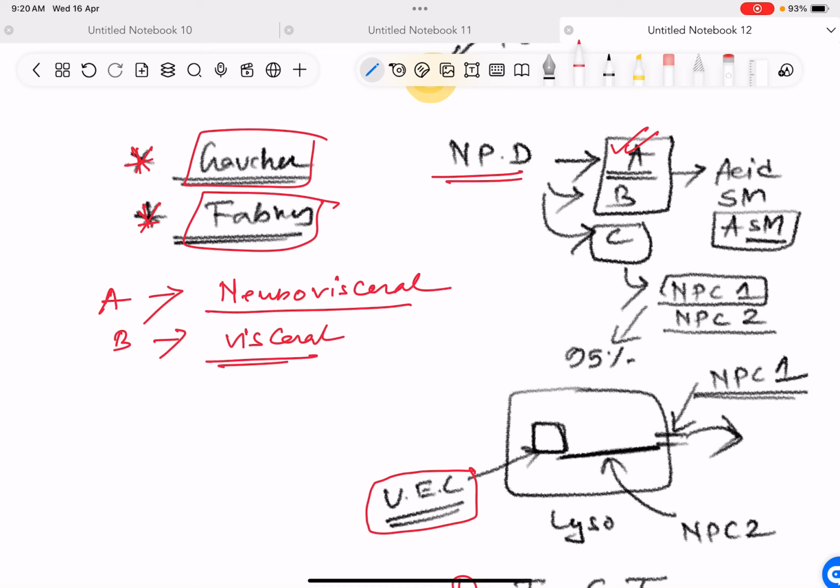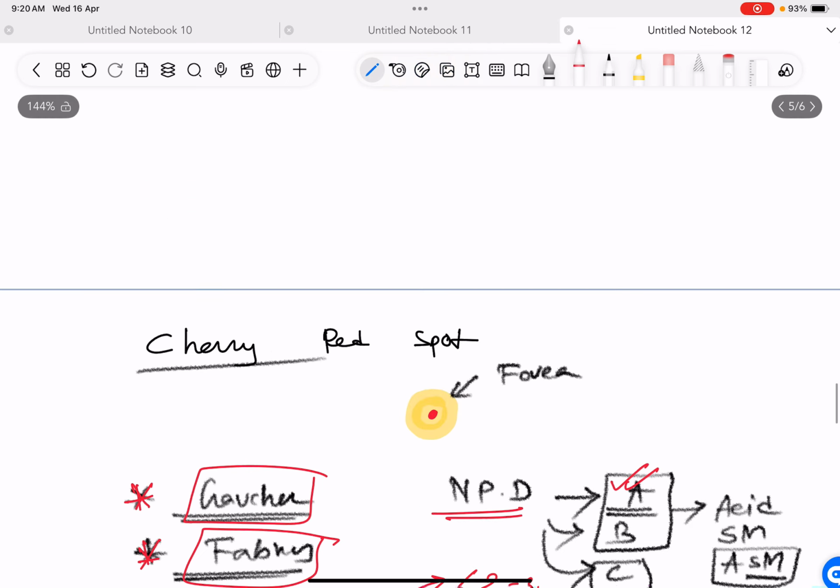Type B is not neuronal, it is only visceral. Because type A is neurovisceral, there is neuro involvement, and that is why the child will generally die before 2 to 3 years of age. But in the visceral form, the child will survive up to adulthood. In the neuro form, we have the cherry red spot.